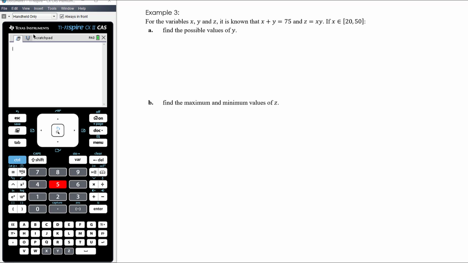Okay, so let's think about how y and x connect. So we know that y is 75 minus x. Now, you can probably think about this domain and this rule pretty easily without needing to think about a graph. 75 minus x is obviously a linear graph with a gradient of -1 and a y-intercept at 75. And if you're only interested in it from 20 to 50, it's clear you're going to get maximum y when x is equal to 20 and minimum y when x is equal to 50.